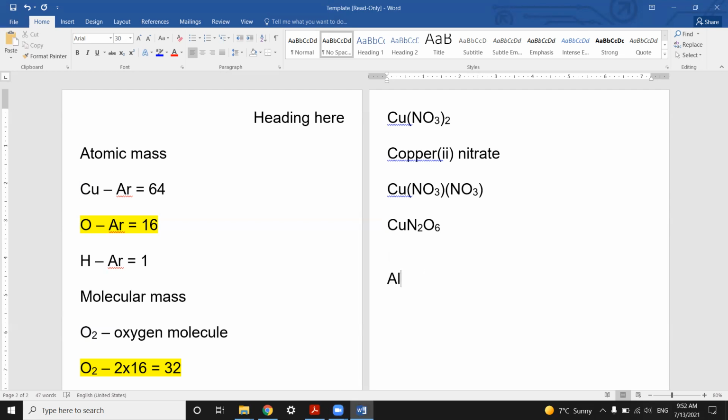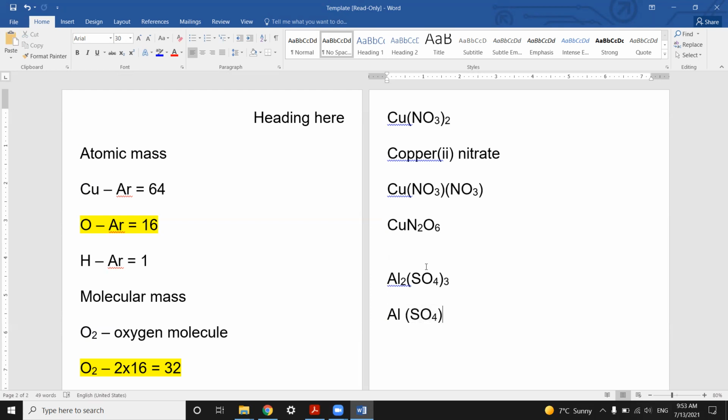Let's do Al, aluminium, Al2, hang on, Al2(SO4)3. There we go. So that 3 over there is telling you that there's 3 of everything inside the bracket. So we can rewrite this. We can say this is aluminium SO4, and then we can copy and paste that.